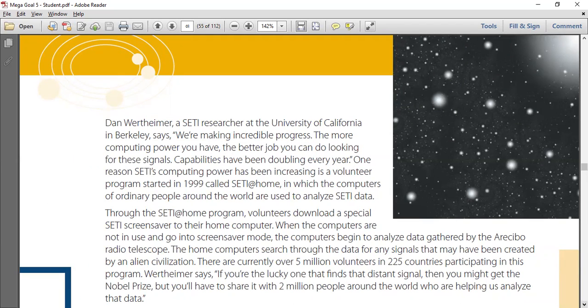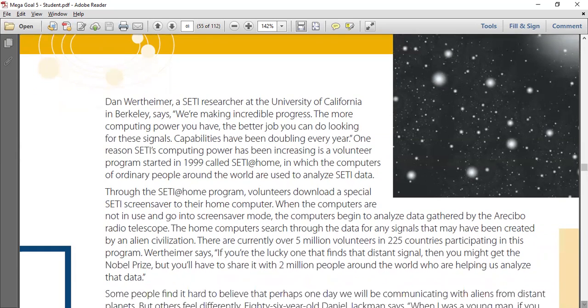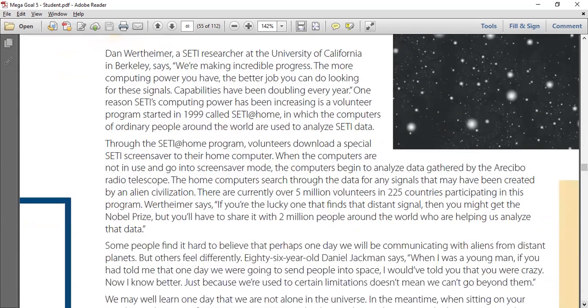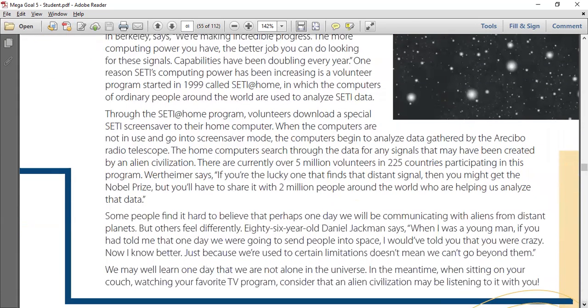One reason SETI's computing power has been increasing is a volunteer program started in 1999 called SETI at Home, in which the computers of ordinary people around the world are used to analyze SETI data. Through the SETI at Home program, volunteers download a special SETI screensaver to their home computer.